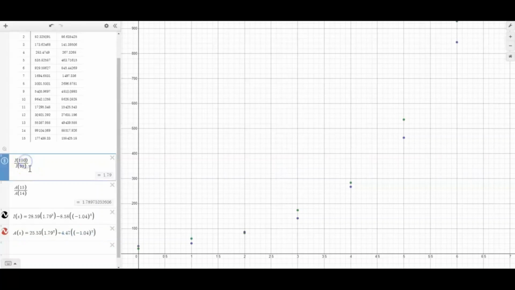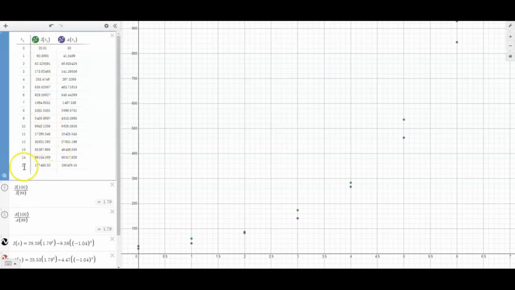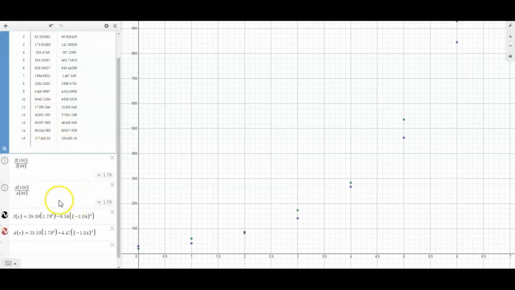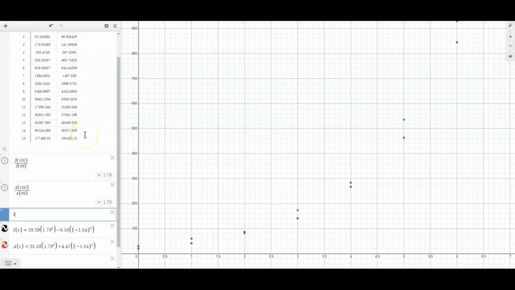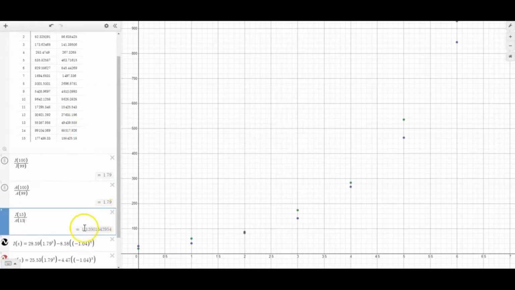Now, I should see that same thing here if I compared the adult population at time 100 to time 99. I see a perfect 1.79 growth factor from time 99 to time 100. Also, if I look at the ratio of values for I of 15 divided by a of 15, what I should notice is that the ratio between those two values starts getting close to the ratio of I and a in my dominant eigenvector.